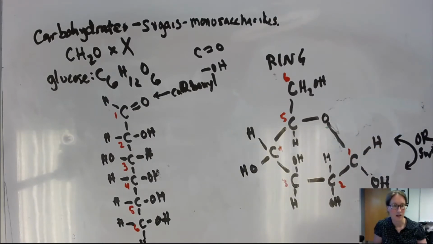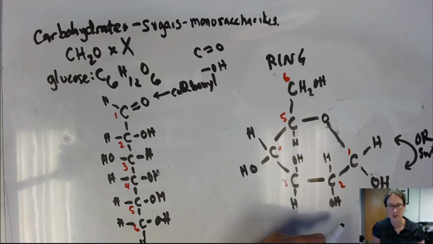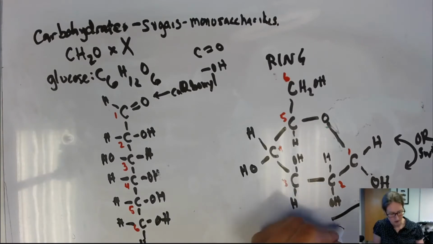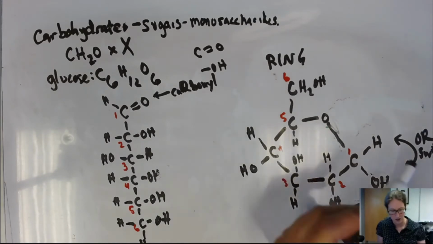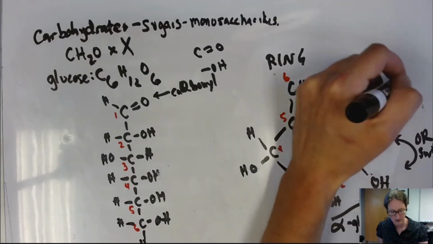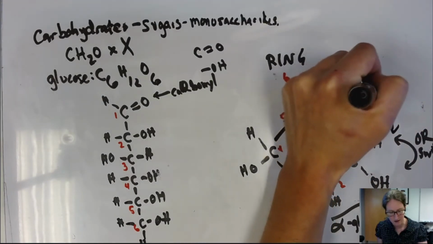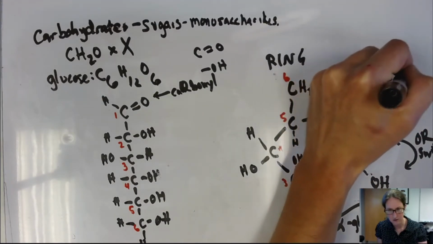Where those hydroxyl groups are opposite from each other. And when they're next to each other, that gives us a form of glucose that's called alpha glucose. And in contrast, if these two hydroxyl groups are opposite from each other, that's going to give us what's called beta glucose.